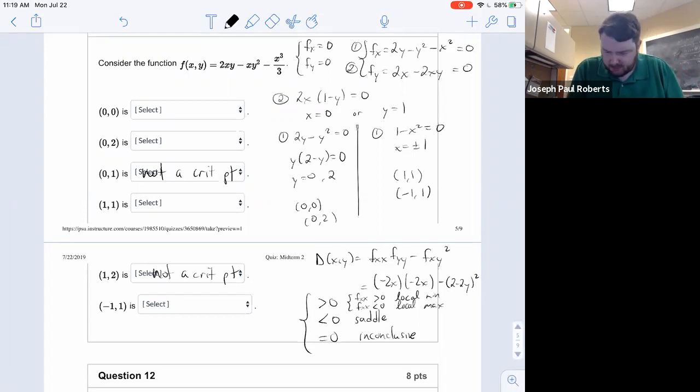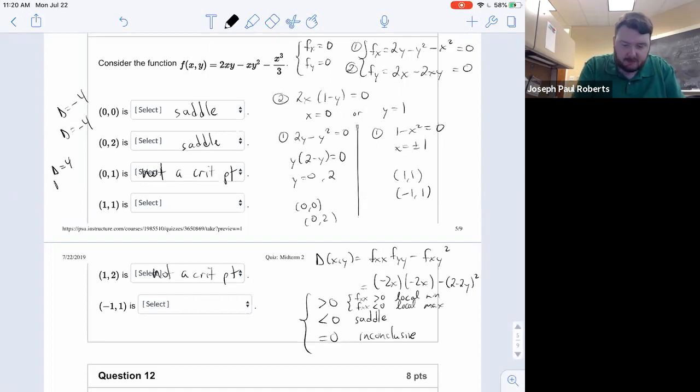Okay, so it looks like when x and y are both 0, you get negative 4, so it's a saddle. At (0, 2), you also get D is negative 4. So D is negative 4 for those. For (1, 1), you're going to get 4, which is positive.